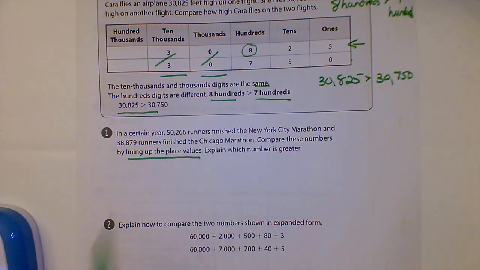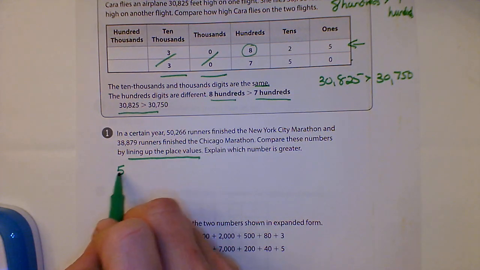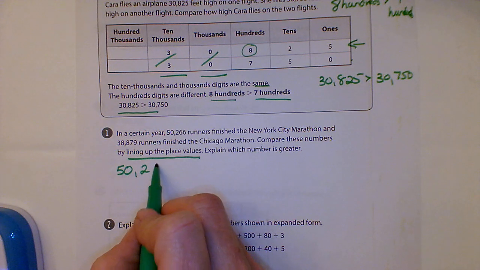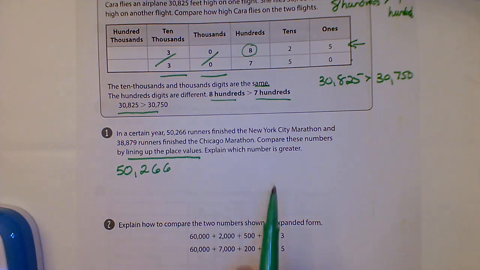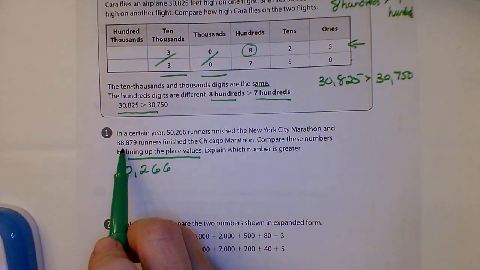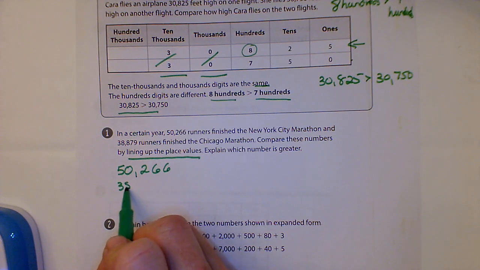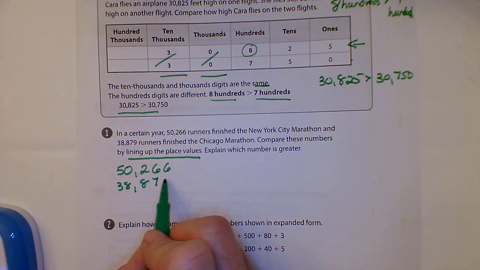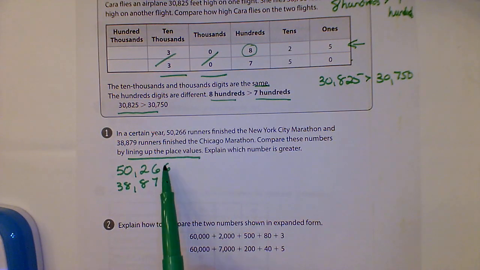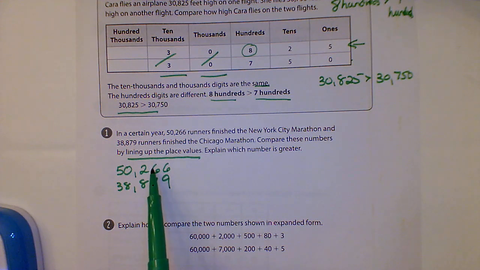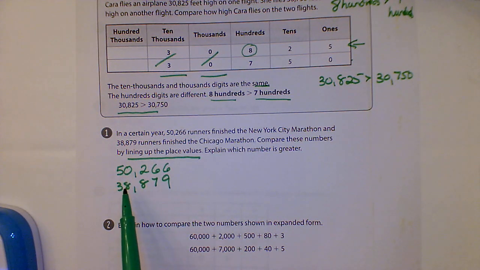So first we'll write down New York City, which is 50,266, and then we'll write down what Chicago had, which is 38,879. Do you notice how I very carefully line these up, where my 1s are over my 1s, 10s are over my 10s, hundreds over my hundreds, 1,000s over 1,000s, and 10,000s over 10,000s.